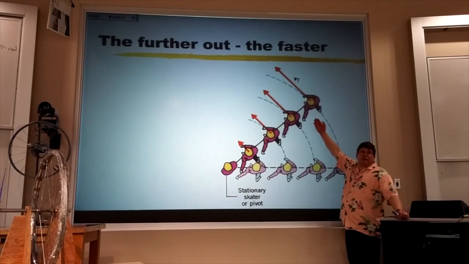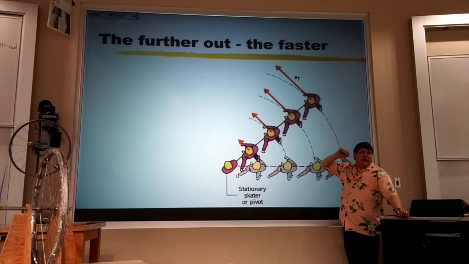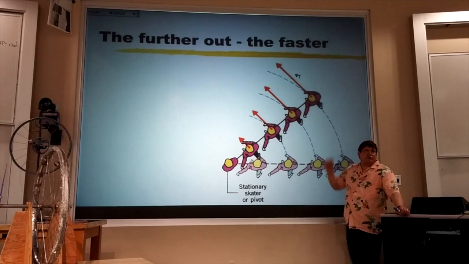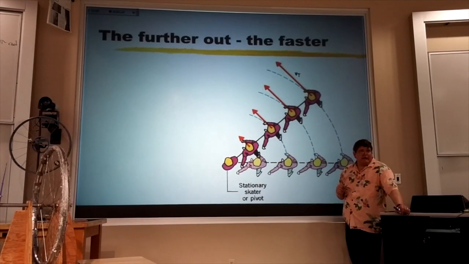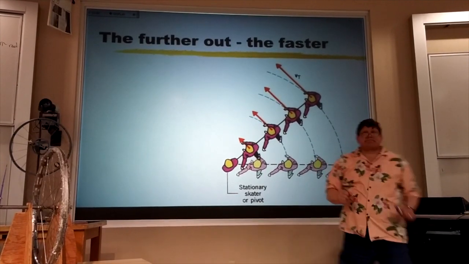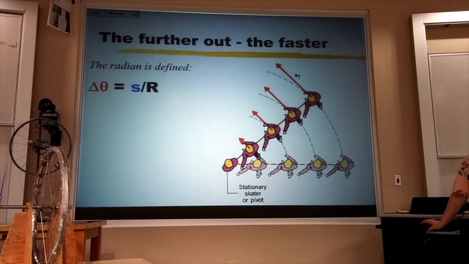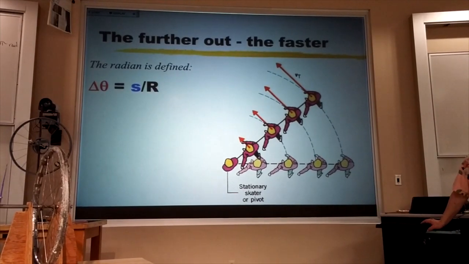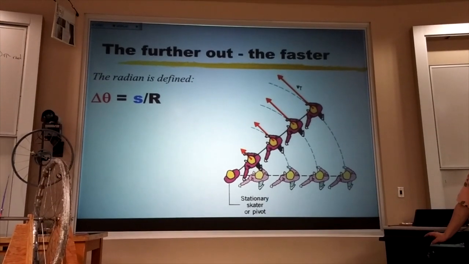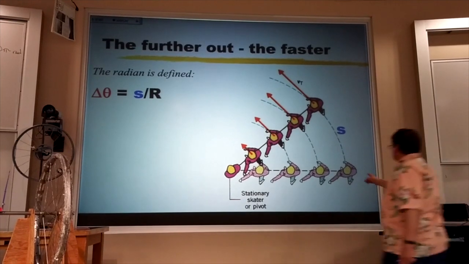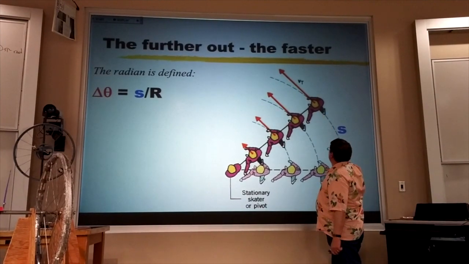Now, my gut's telling me that this Sven has to skate twice as fast as that Sven, because he's twice as far from the pivot point. Let's see if we can prove that. We can prove that with the operational definition of angle in radians. The S is the arc length that this Sven travels.